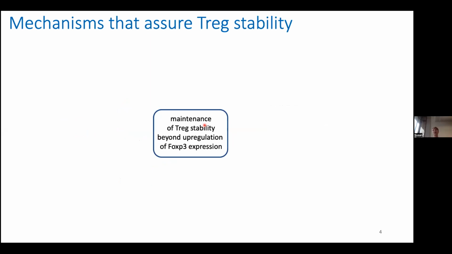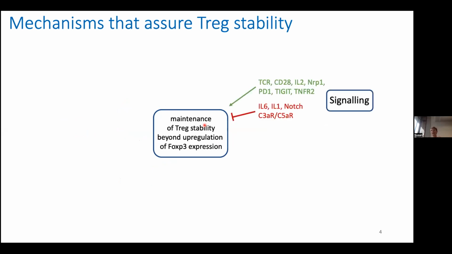And there's a lot of mechanisms that, on the one hand, assure Treg stability, and on the other hand, actually are a threat. So I'd like to just briefly give an overview of some of them, such as signaling pathways. Yeah, there are signaling pathways that are absolutely important for Treg stability, for Treg homeostasis.